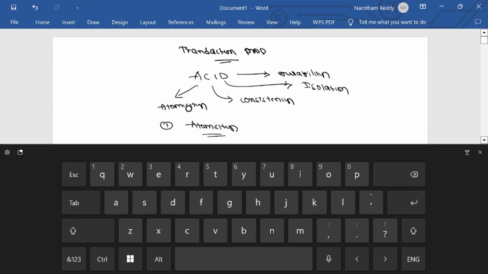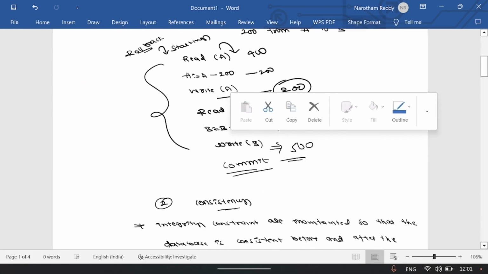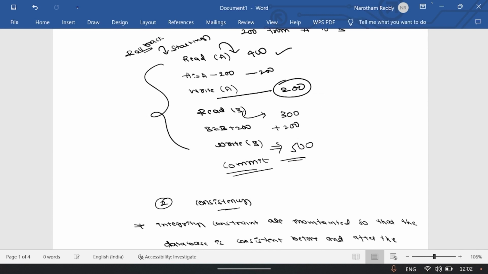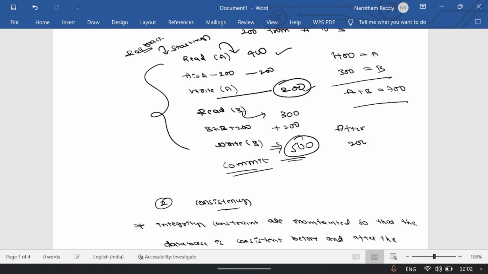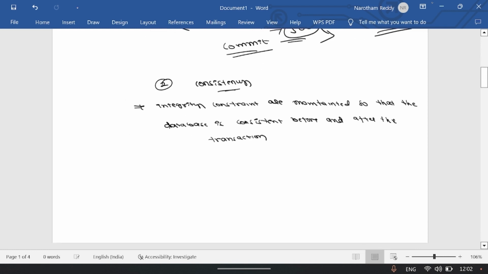From the above example, before the transaction A holds 400 and B holds 300, so the sum A plus B equals 700. After the transaction, A holds 200 and B holds 500, and 200 plus 500 equals 700. Before and after the transaction, both are the same. It is known as consistent.